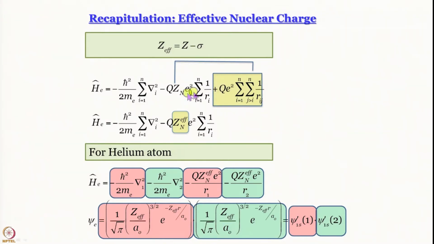So, we said that instead of having 2 kinds of terms here, we might as well build this electron repulsion into this Z, and then things become a little easier to handle, because this becomes a Hamiltonian, and the wave function also has to be changed, and that becomes a wave function that involves not Z but Z effective.